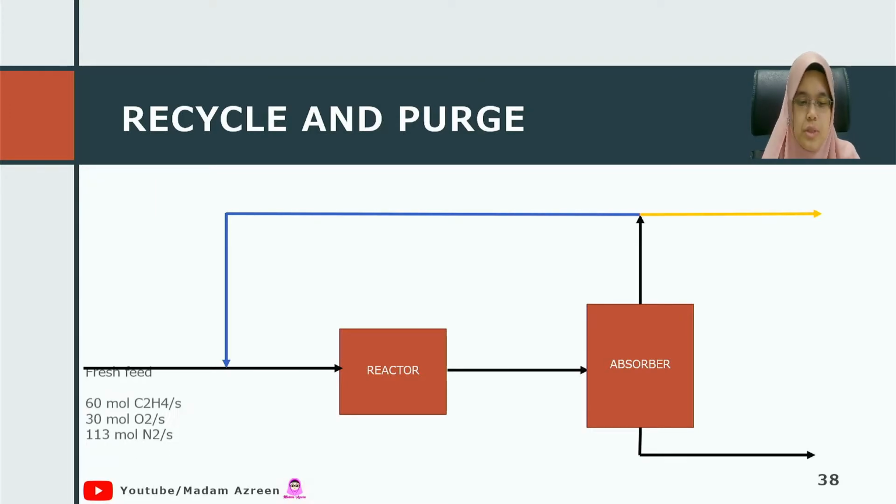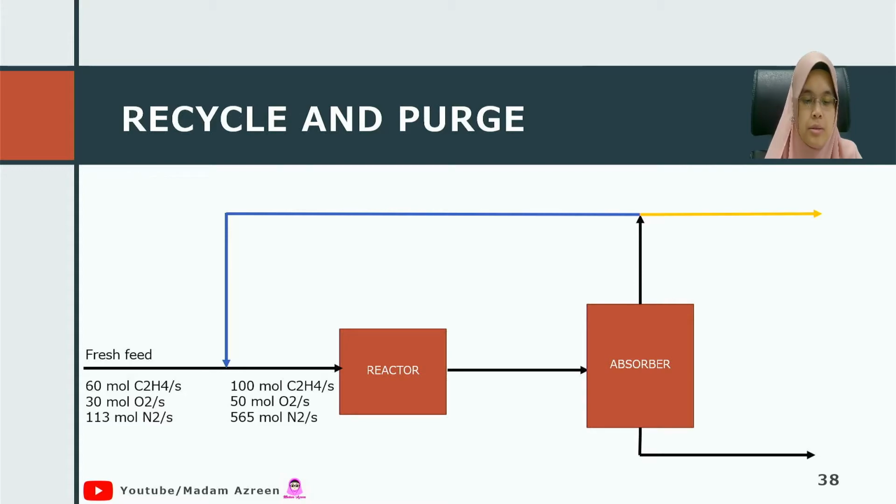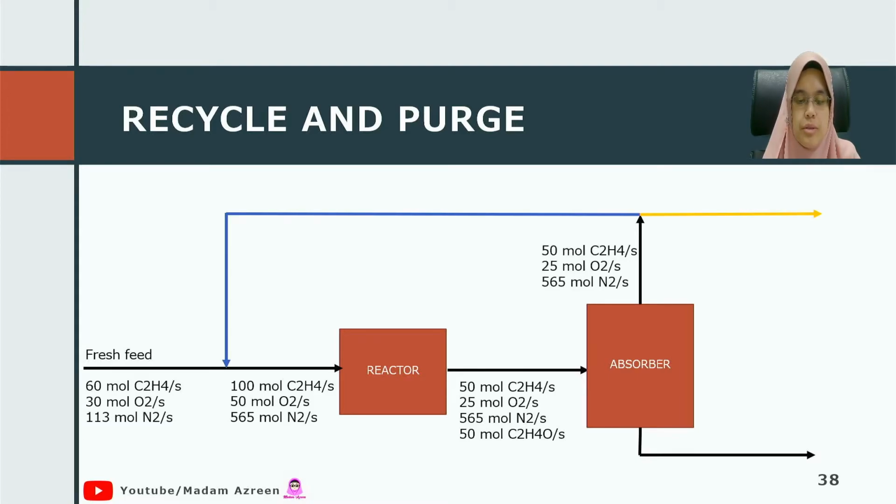So for example, we have a fresh feed of C2H4, oxygen and nitrogen. I'm sorry about the typo there. And we have a recycle stream, with a different composition. Then we do some recycle and we have a product.